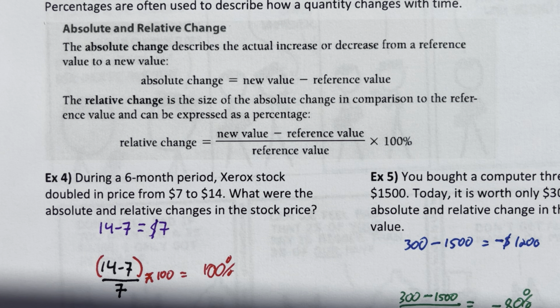That would give you 13 times 100, which would give you 1,300% change. That is a much better deal. However, it is a totally wrong answer. Okay, so once again, when you are doing these, make sure you put parentheses around the numerator.